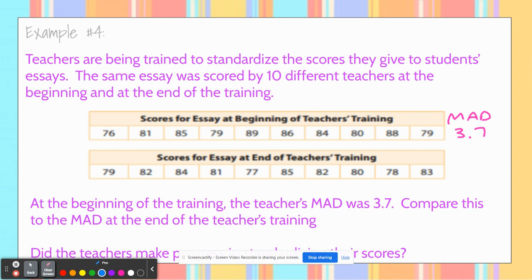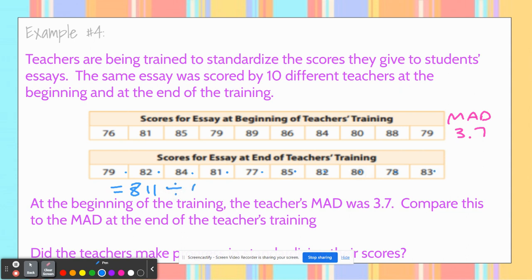So we're going to take 79 plus 82 plus 84 plus 81 plus 77 plus 85 plus 82 plus 80 plus 78 plus 83. That has a total of 811. And we're going to divide it by how many numbers are in our data set: 1, 2, 3, 4, 5, 6, 7, 8, 9, 10.